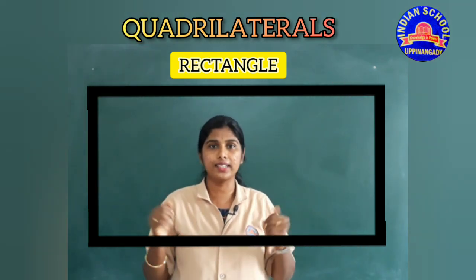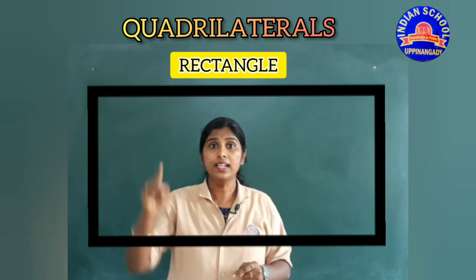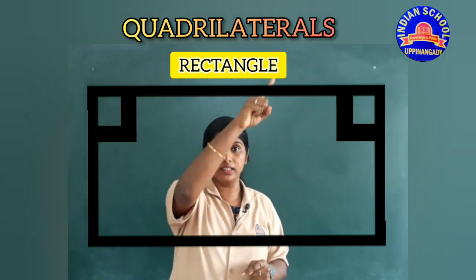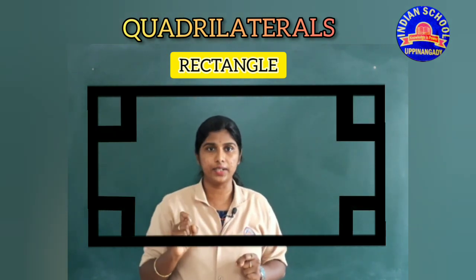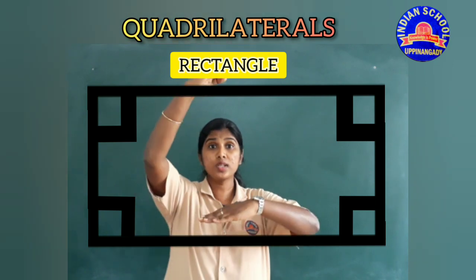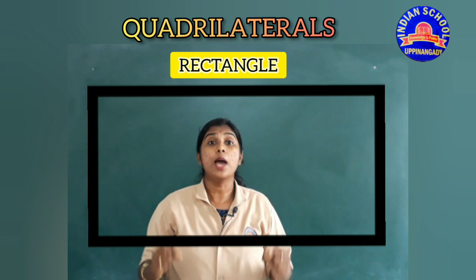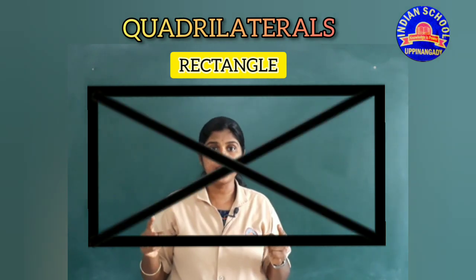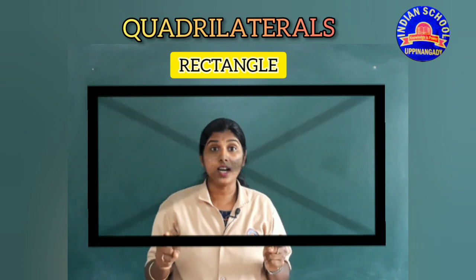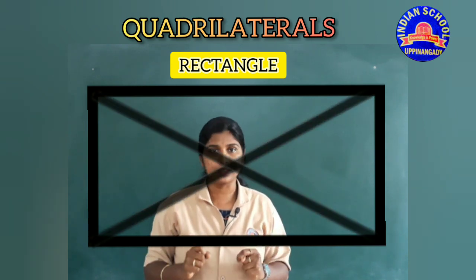So this is a rectangle. In a rectangle, each angle measures 90 degrees and opposite sides are equal. And about diagonals, they bisect each other and they are also equal in length.